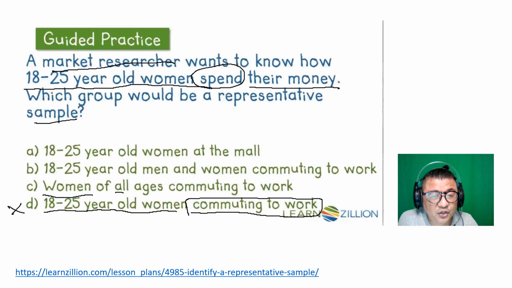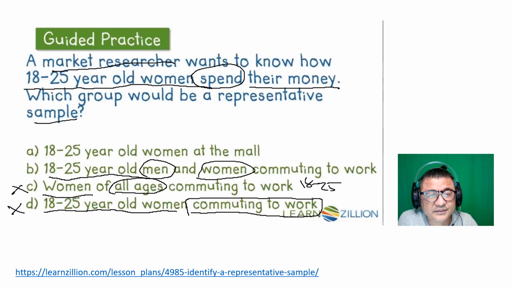Women of all ages. No, I only like what? 18 to 25 is my population. I cannot ask all of those, the older ones or the younger ones. No. 18 to 25-year-old men and women. Did it mention men a while ago?